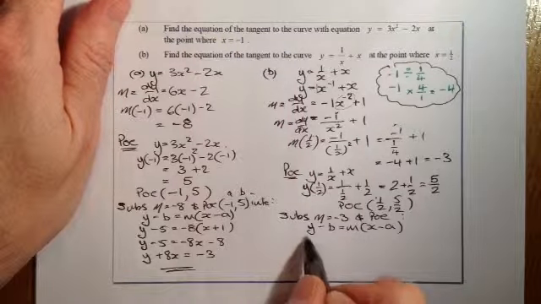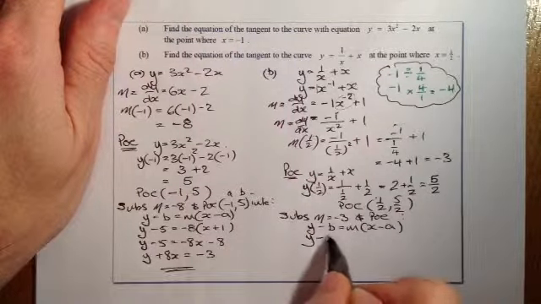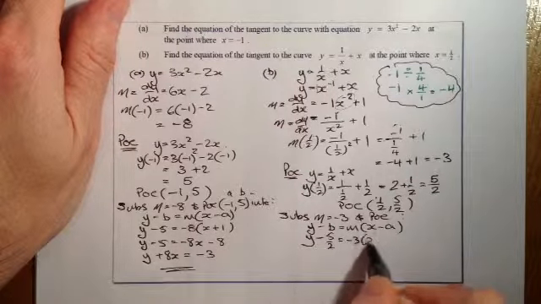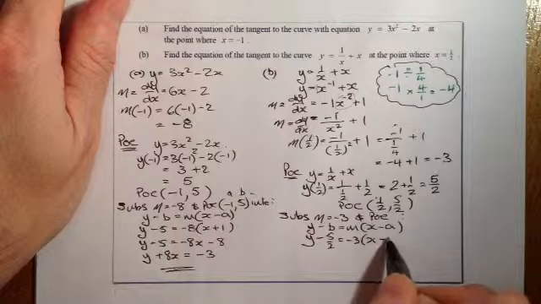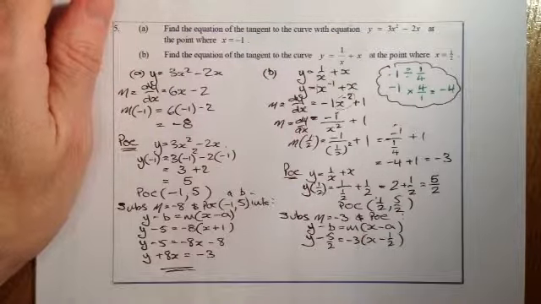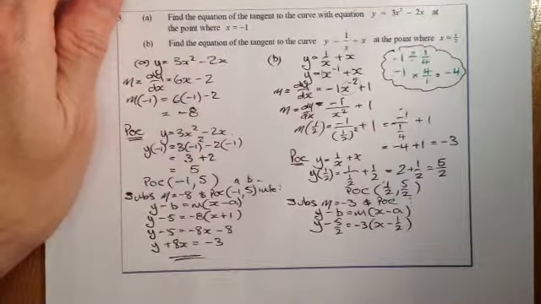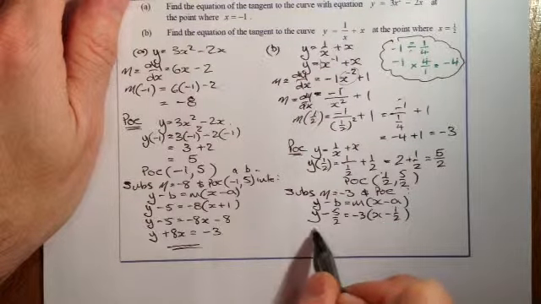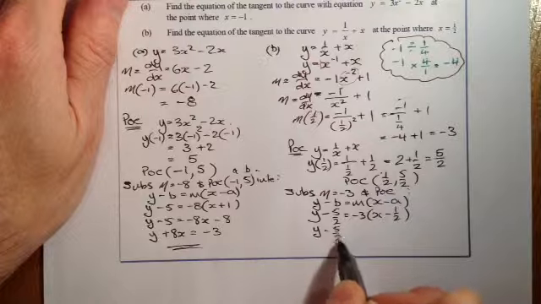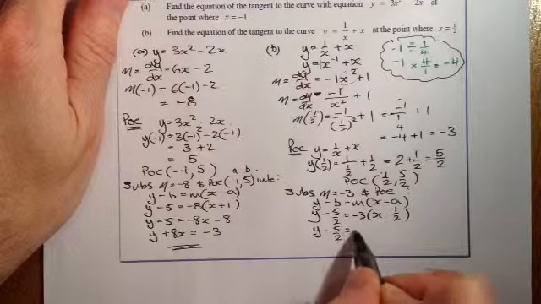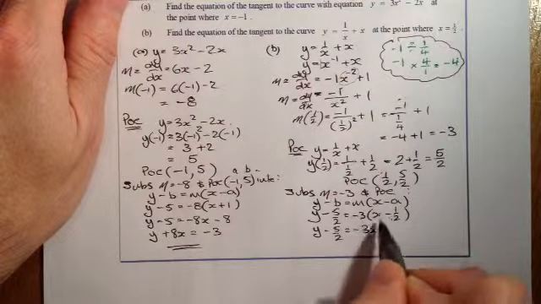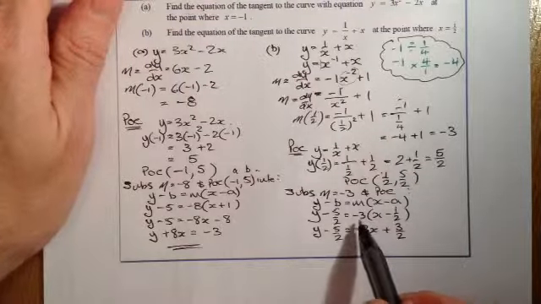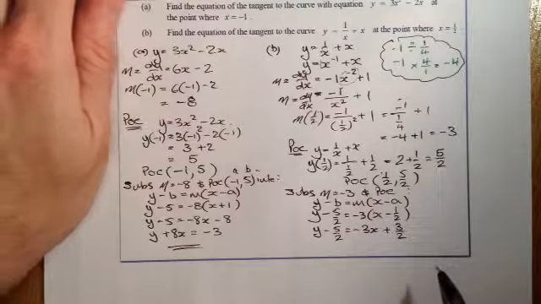Right, so let's go for it. So y minus 5 over 2 is equal to minus 3 times x minus that value there, a half. What we'll then do is multiply this out and try to sort it out a bit. So let's multiply this side by minus 3 first of all. Minus 3x, and that will be plus 3 over 2 if I multiply minus 3 by minus a half.